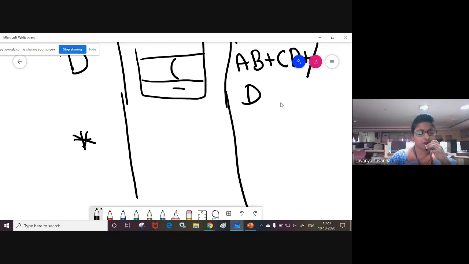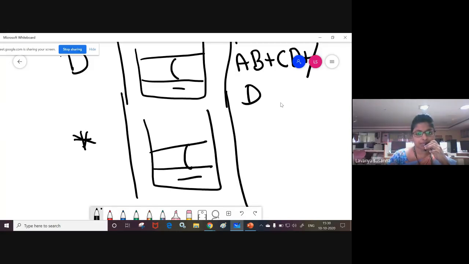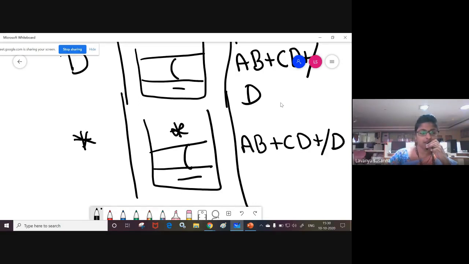But what is the topmost element? Open bracket, right? If there is open bracket, don't compare. Simply push star symbol and write down the postfix array as it is: A B plus C D plus divided by D.